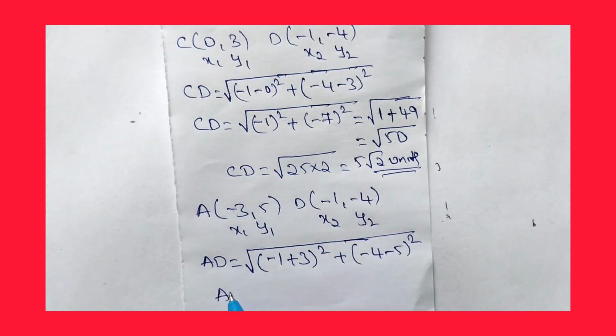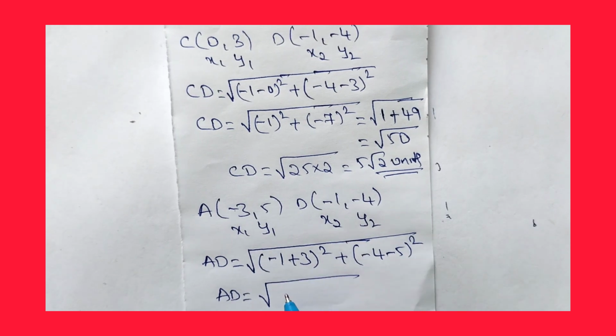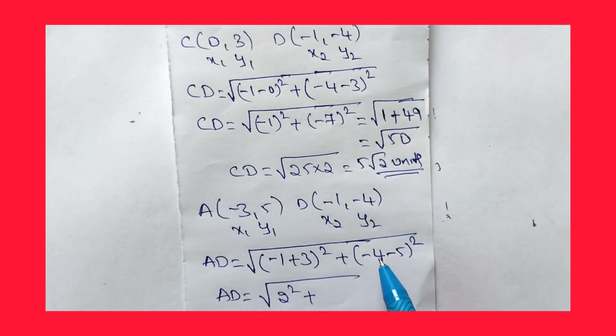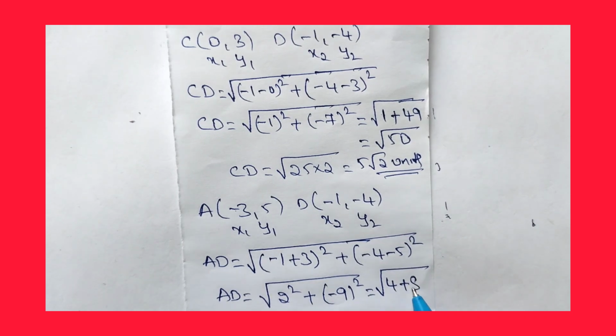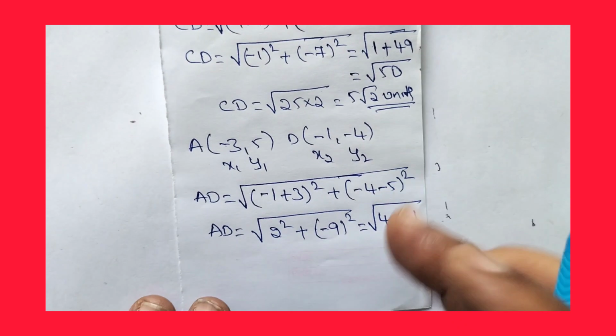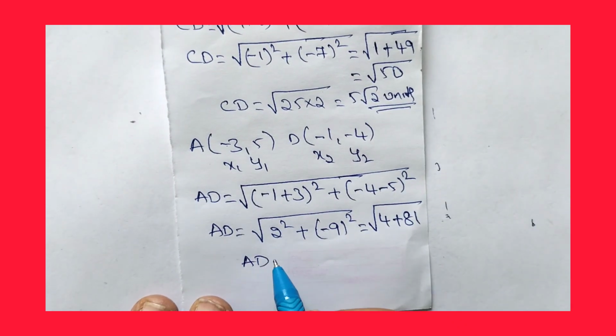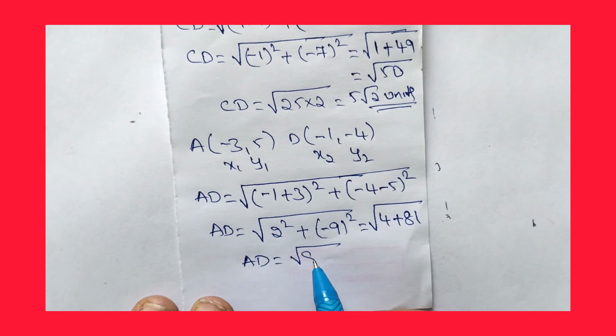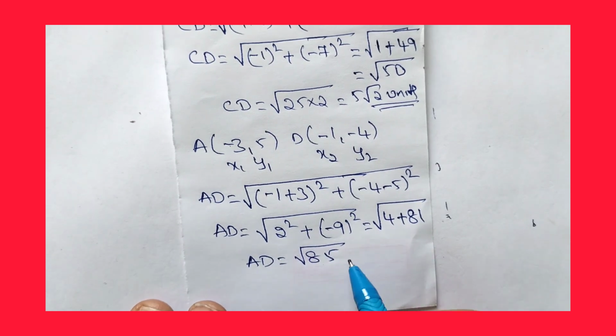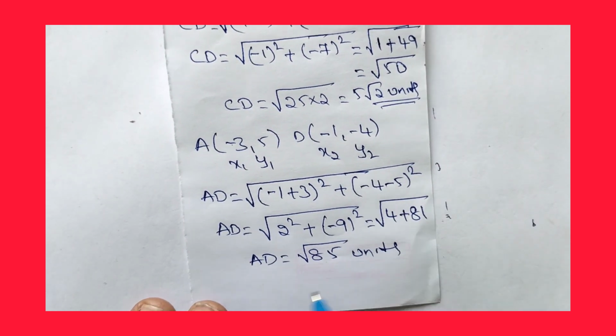So AD is equal to square root of (minus 1 plus 3 is 2) square plus (minus 4 minus 5 is minus 9) whole square, which is equal to square root of 2 square is 4, plus 9 square is 81. So AD is equal to square root of 85. So AD is square root of 85 units.